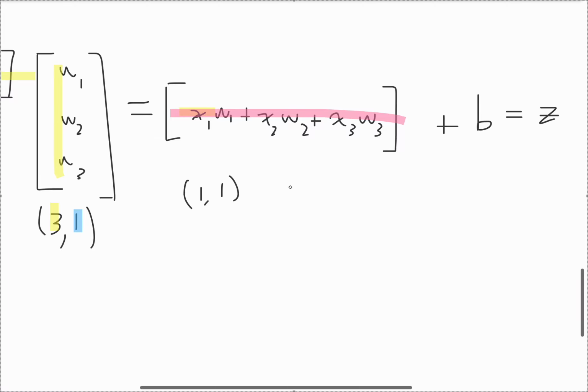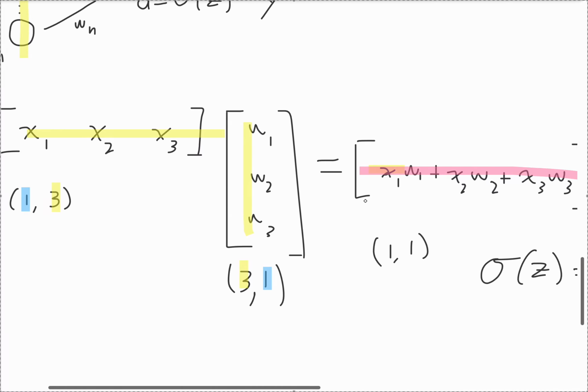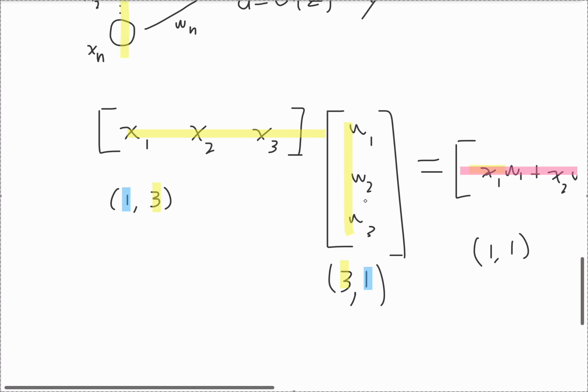Then we pass this all through, say, a sigmoid activation function, and this is our output, y hat.